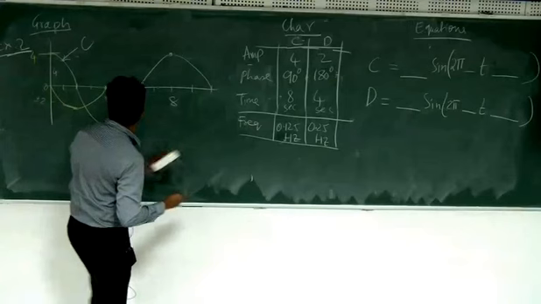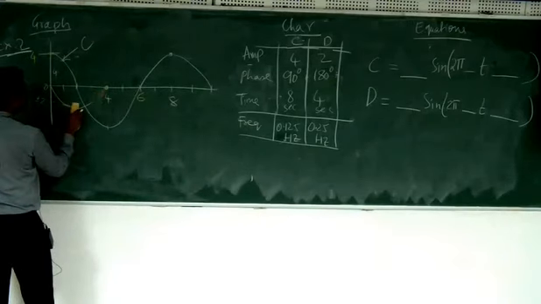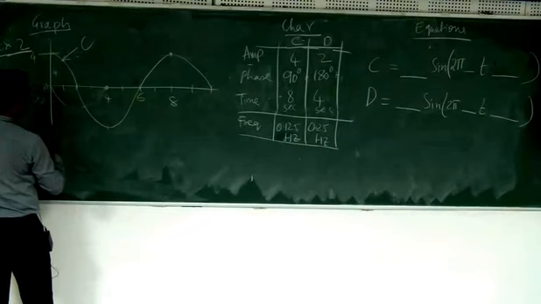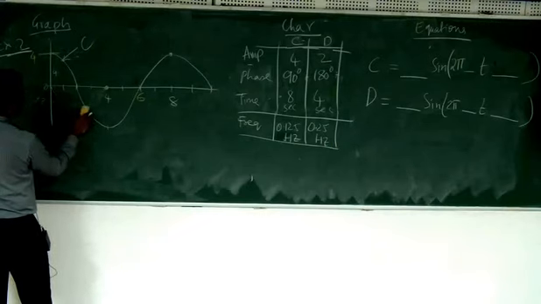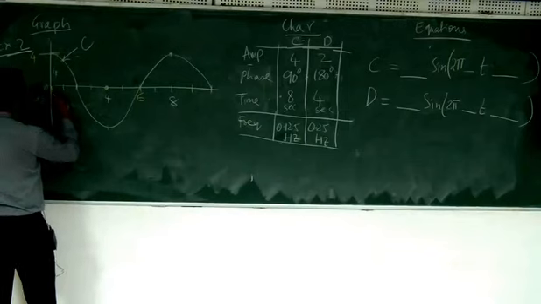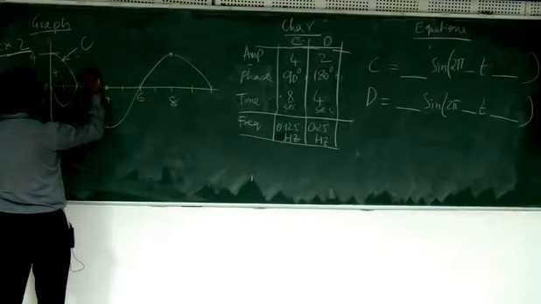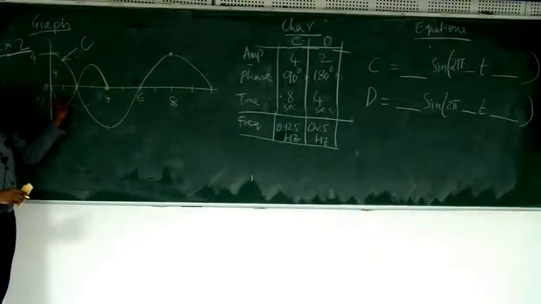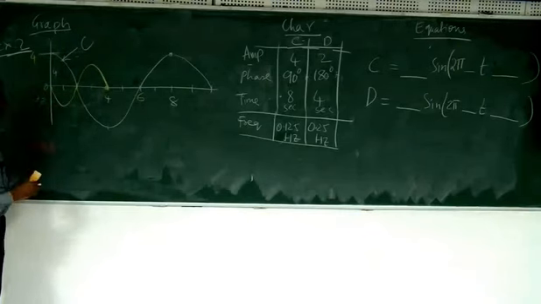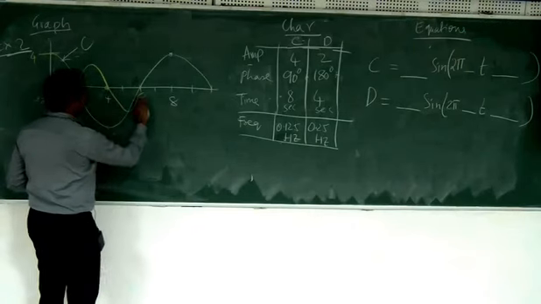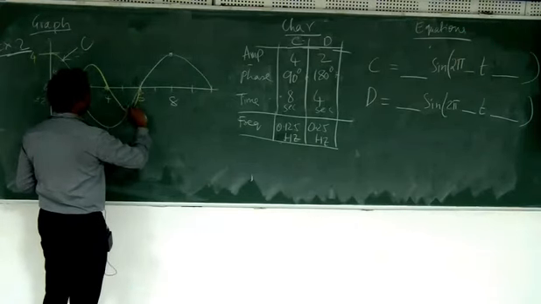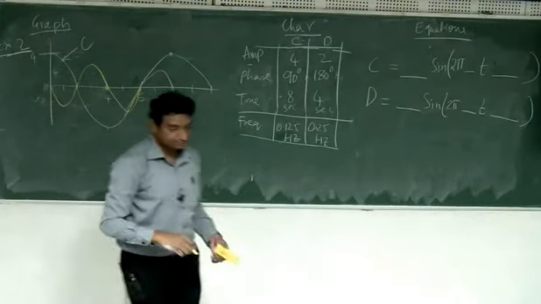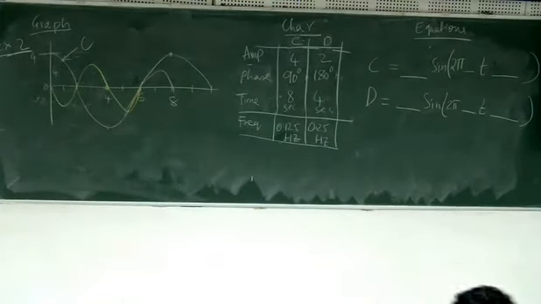Sorry, time period is 4 seconds, right? So within 4 seconds I should have one positive cycle and one negative cycle, like this. In 4 seconds there is one positive and one negative with 180 degrees shift. So this is correct. And here both are almost matching. So you got the same.